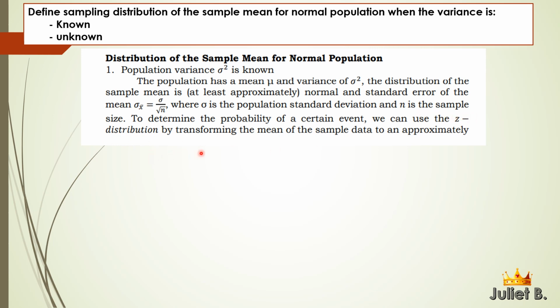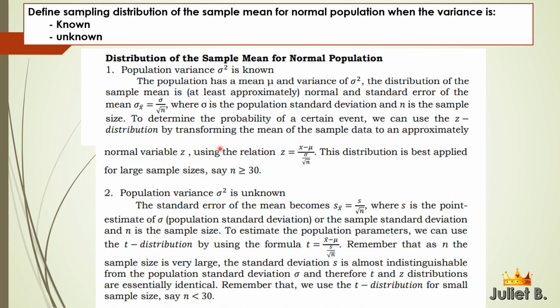To determine the probability of a certain event, we can use the z distribution by transforming the mean of the sample data to an approximately normal variable z, using the relation z is equal to x minus mean divided by standard deviation divided by the square root of the sample size.